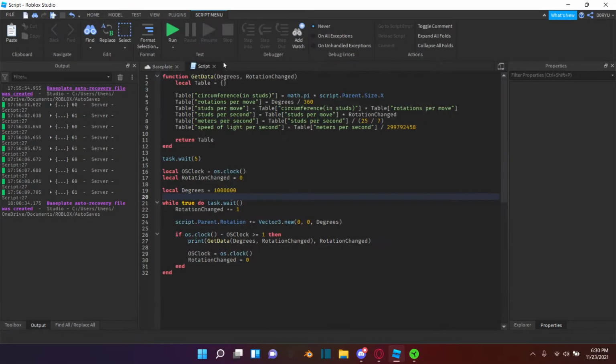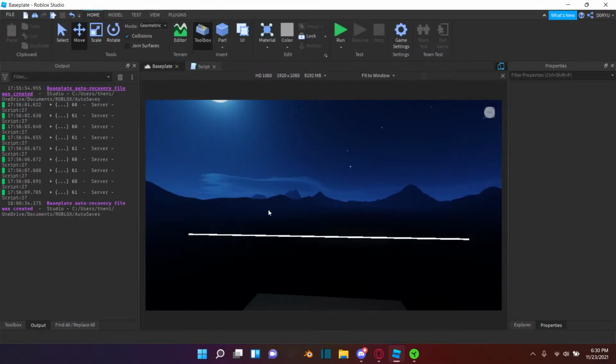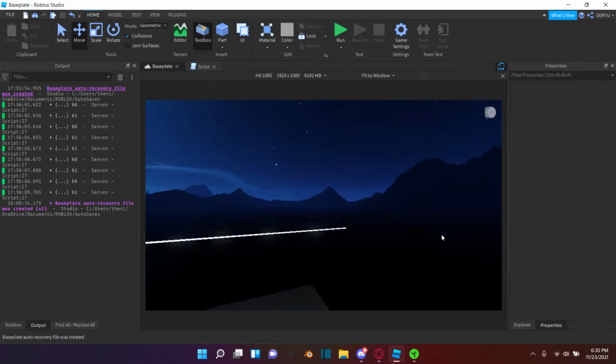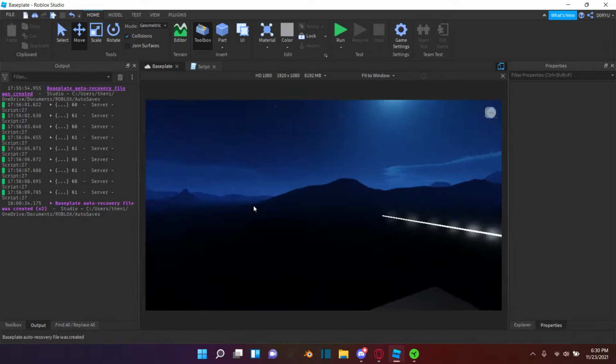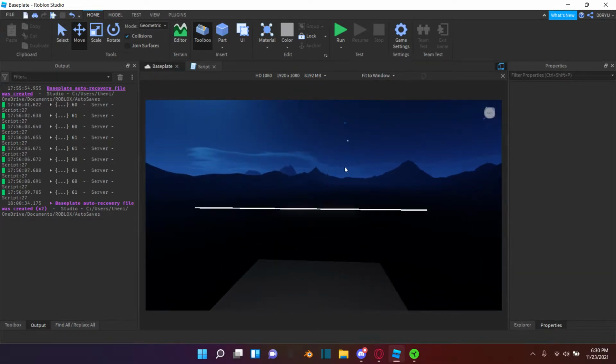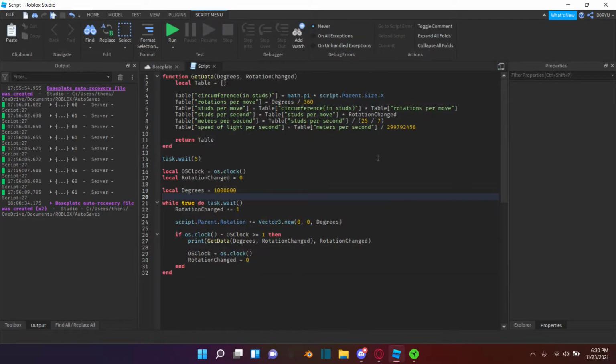The circumference, we should know what that is. Rotations per move, like how many full rotations, going from 0 all the way to 360, right? A full rotation, okay? That's how many rotations it is per move.